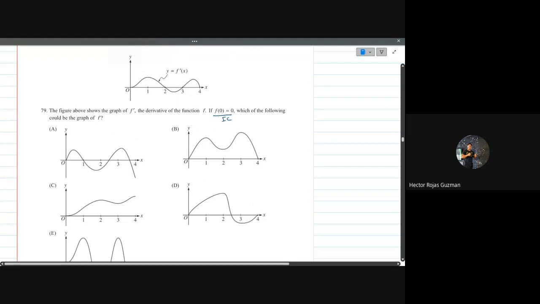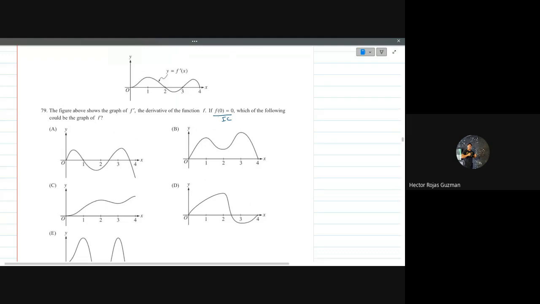If we look at the derivative, we can see that from 0 to 2, the derivative is positive, which means that f is increasing on 0 to 2. But then from 2 to 3, the derivative dips underneath the x-axis, so f is decreasing on 2 to 3. And once again, f is increasing from 3 to 4.